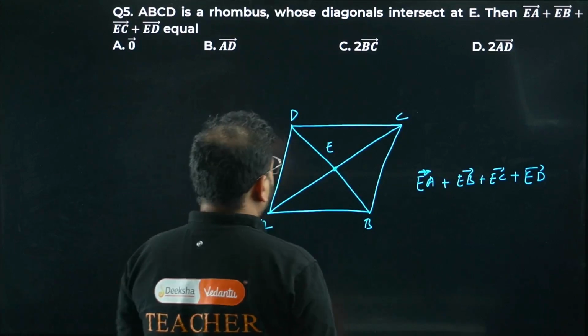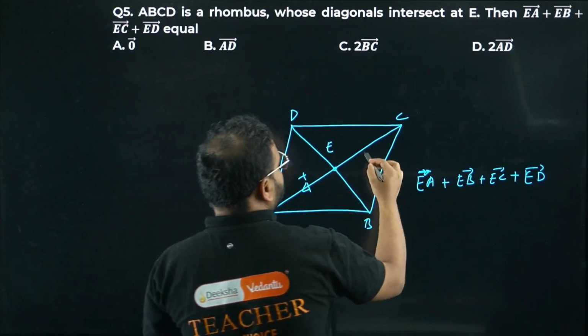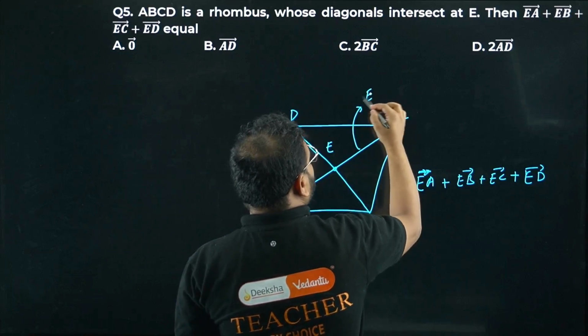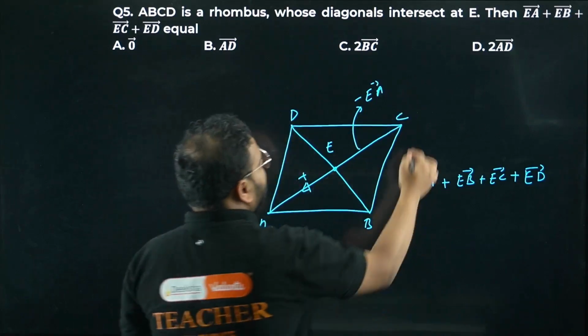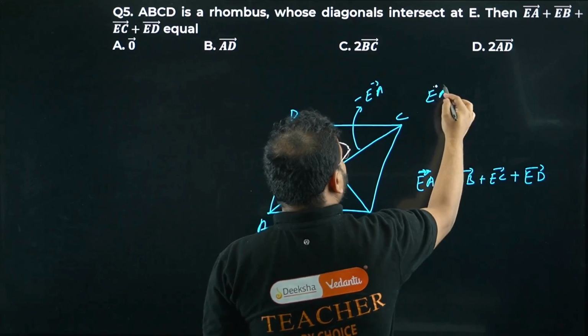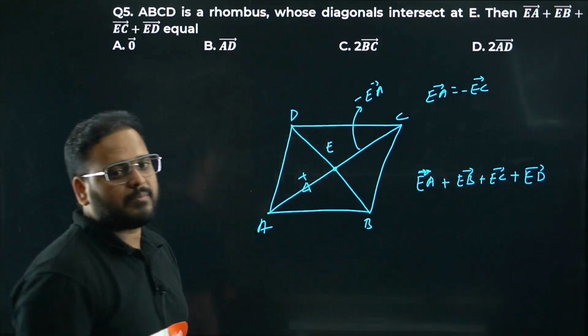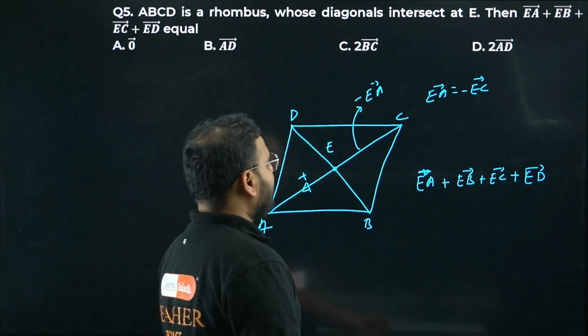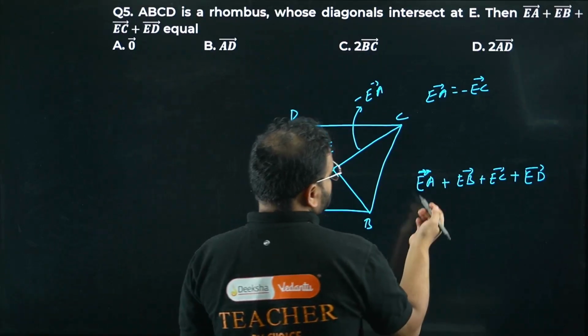If I take EA as positive, won't EC become negative? They are equal in magnitude, so EA is equal to minus EC, or EC is simply minus EA. So I can replace EA with minus EC.